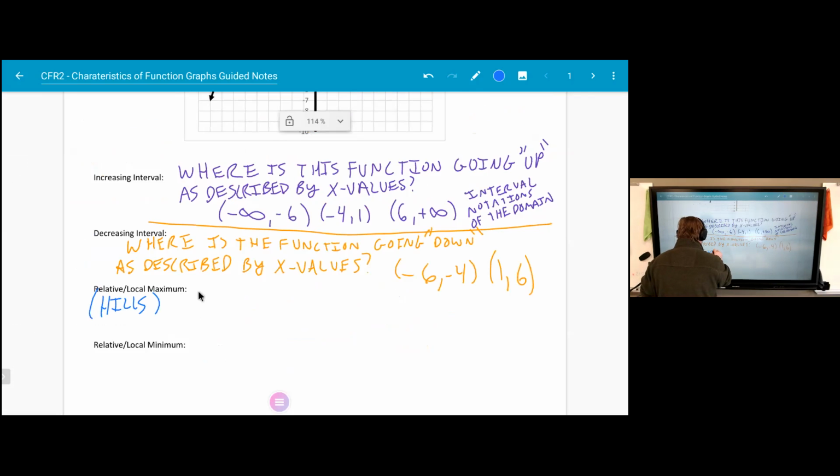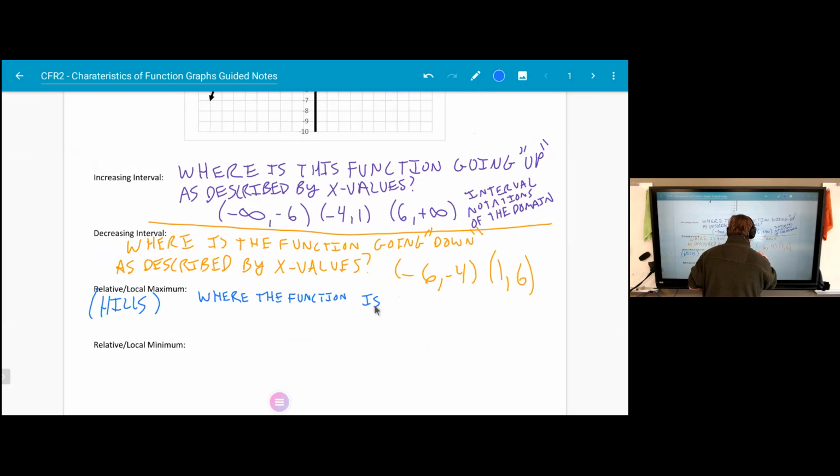This is where the function is changing from increasing to decreasing, just as we described up above.